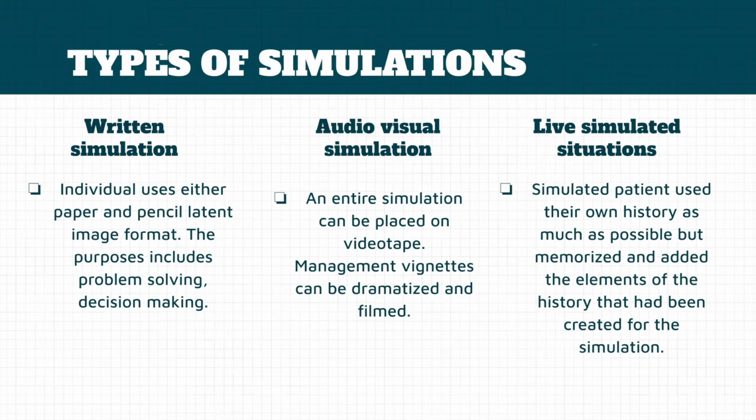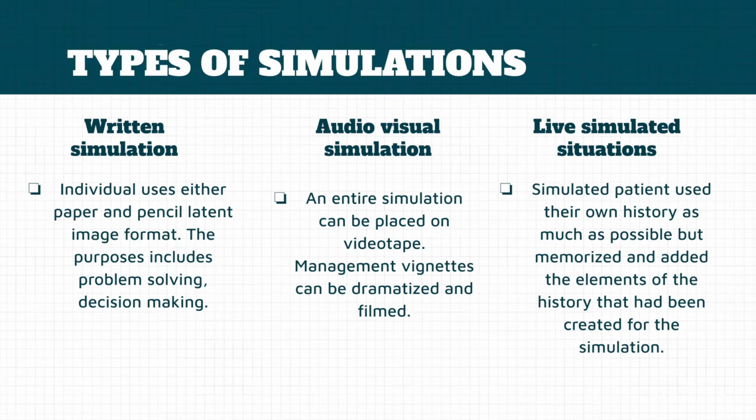There are three types of simulations: written simulation, audio-visual simulation, and live simulated situations. In written simulation, individuals use either paper and pencil or a similar format. The purpose includes problem solving and decision making.